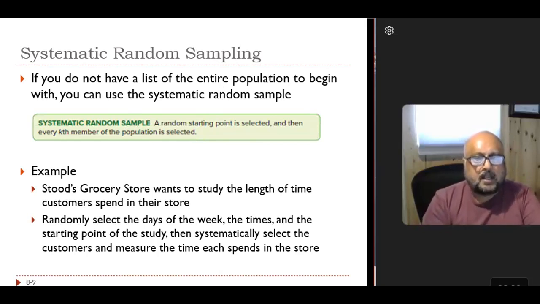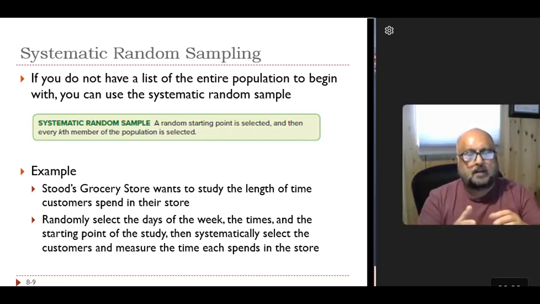Then we pick every so often, like every kth number. K means 5 or 6 or 7, whichever interval you pick. So you have a system, it's a systematic approach.